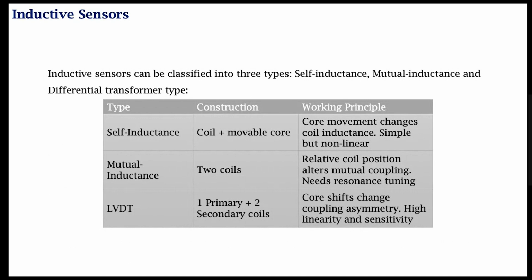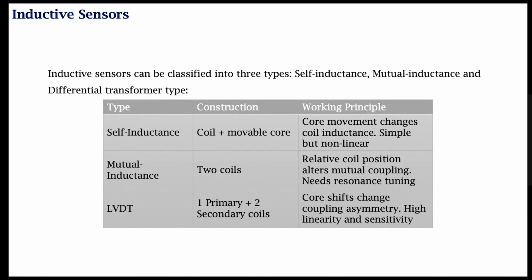But when the core moves relative to the two secondary coils, the voltage induced as a proportion of the total voltage will change, giving a relatively accurate and linear representation of displacement.